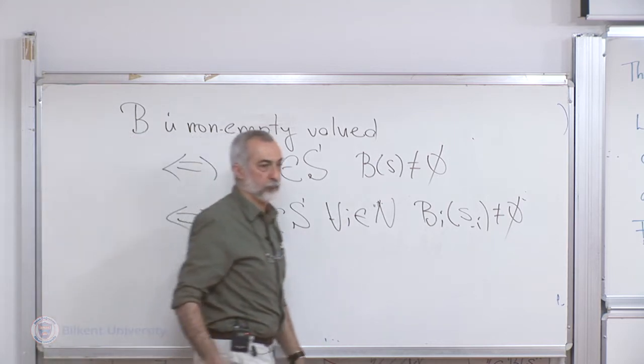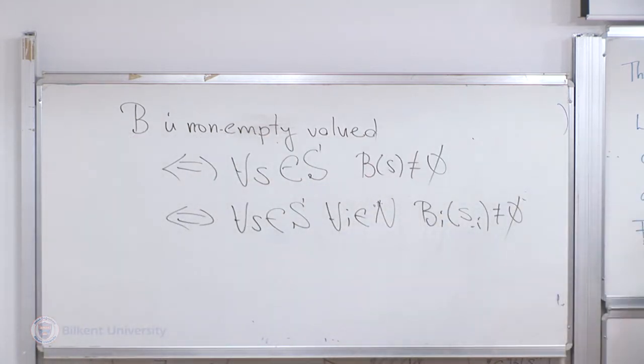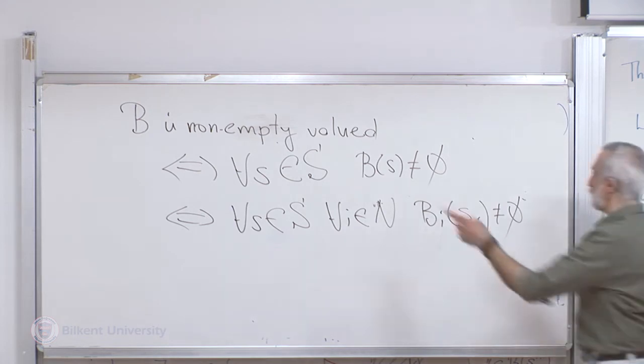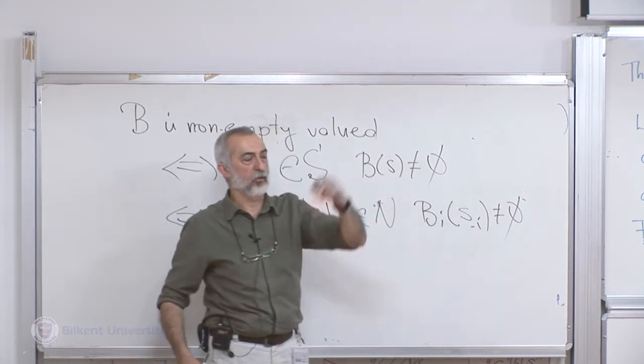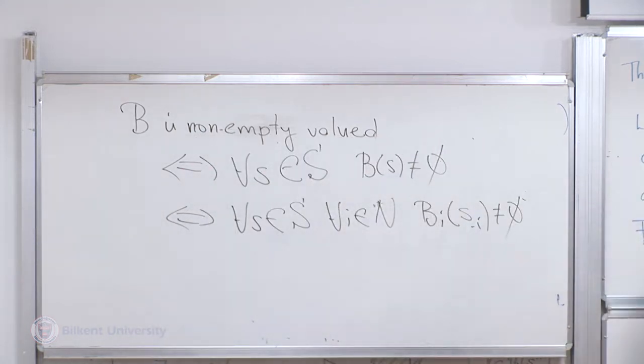How do we know that this is the case? Yes, but that's what we're trying to show. How do we know that these are non-empty? Oh, but that's what we're trying to prove. We're trying to prove the Nash existence theorem, so I cannot use it.